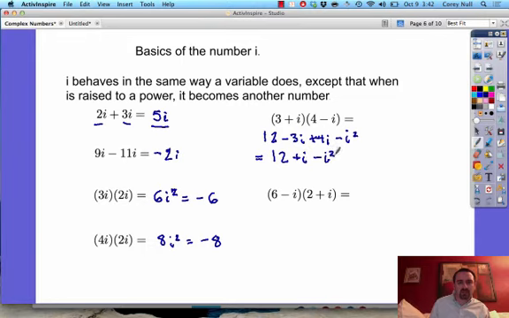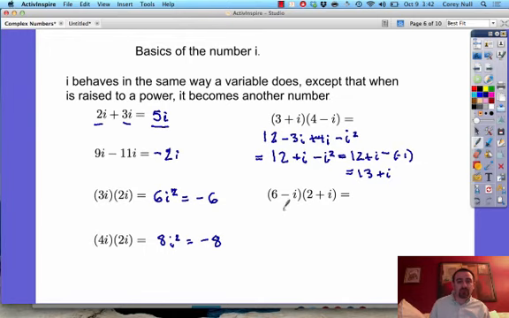But remember, i squared is equal to negative 1. So this is really 12 plus i minus negative 1. So 12 plus i plus 1 is 13 plus i. So if I multiply the number 3 plus i times the number 4 minus i, I get the number 13 plus i.